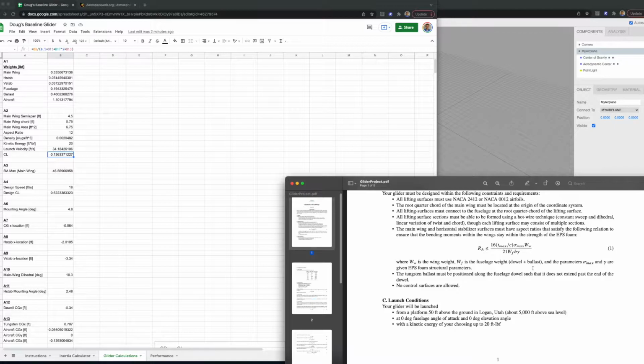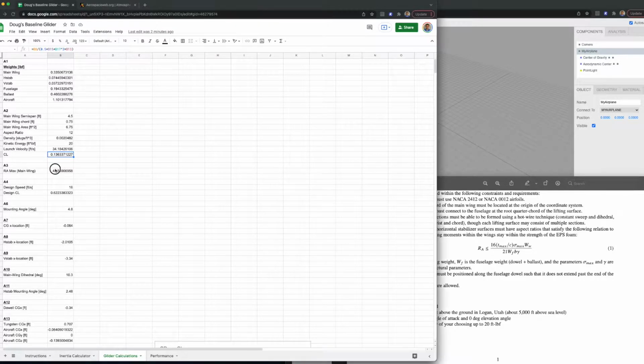We could talk about a way to make this more accurate in the future, but basically the aspect ratio of the main wing has to be less than this value here for our wing to have enough strength that we don't stress it, so it doesn't snap during flight. So we need to compute everything on the right-hand side and make sure that the aspect ratio we have, which is 12, is less than the aspect ratio that we get by computing all this.